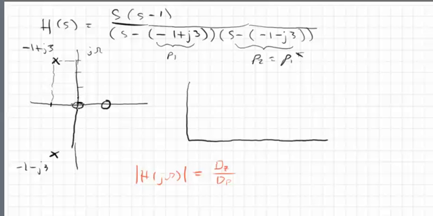If we're starting here, the distance to the nearest zero is 0, because we're right here on the j omega axis, and there's a zero right away. So the frequency response at 0 is 0. As we start moving up, say we move to right here, the distance to the nearest zero, dz, is this distance, and the distance to the nearest pole is that distance.